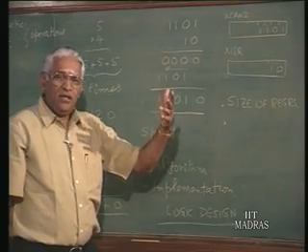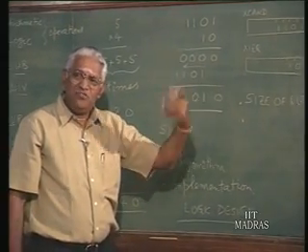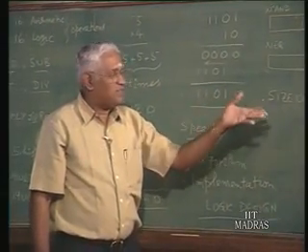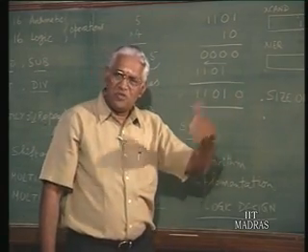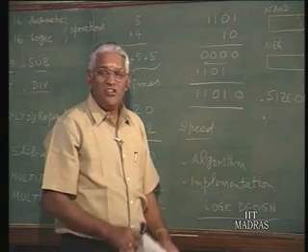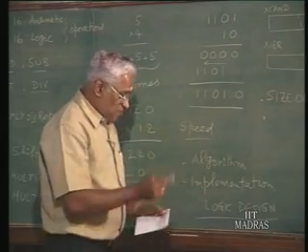The data path control signals must be generated so that the least significant 8-bit part of the 16-bit result is in one register and the other part is in the other register.